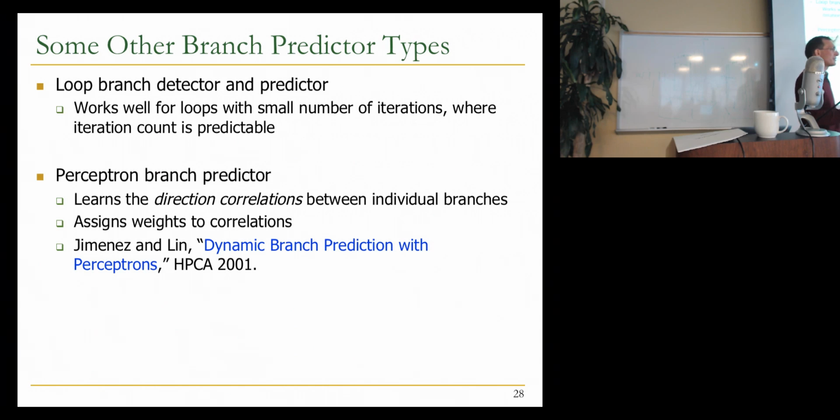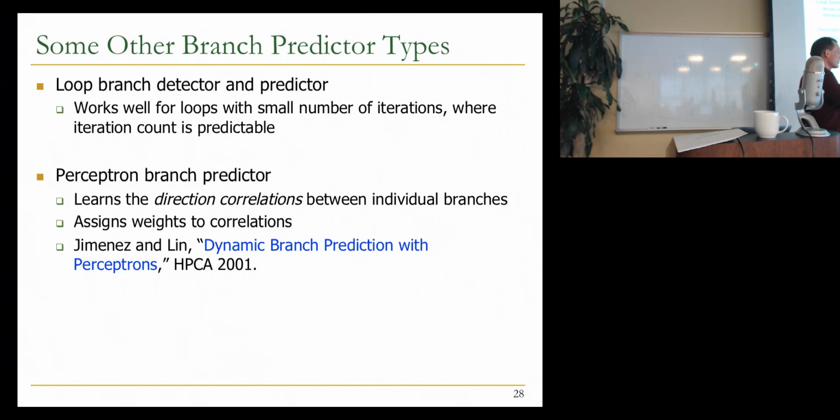I've shown you some examples. Some branches are more strongly correlated, but there may be another branch testing some other random condition that has no relation to this branch's condition. So the idea of the Perceptron branch predictor is to learn the direction correlation between individual branches and assign weights to those correlations. Basically, the 8th previous branch is much more correlated with this branch than the 2nd previous branch.